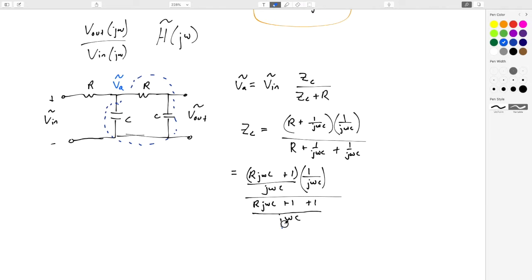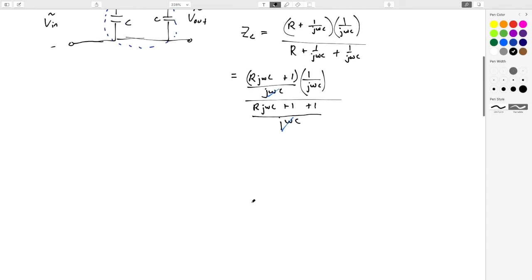So this and this will cancel out. So we're going to be left with, I'm going to move here. This will end up being negative, so this comes down to the bottom, right? Another way to write this would just be j omega C times this thingy.